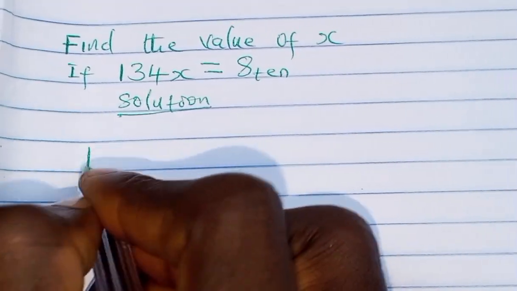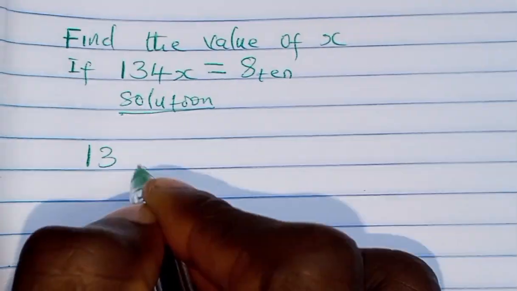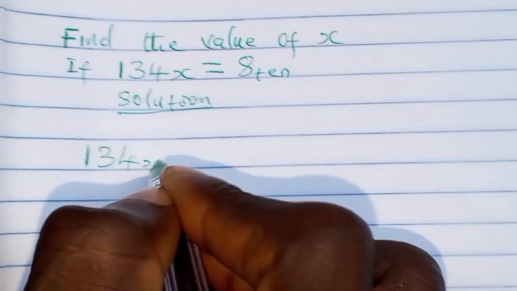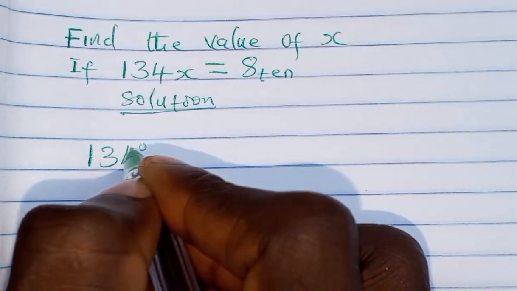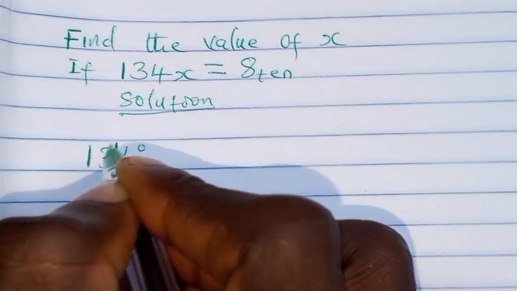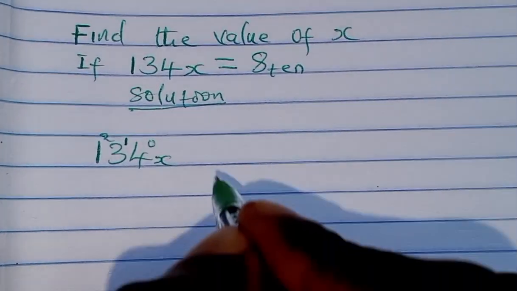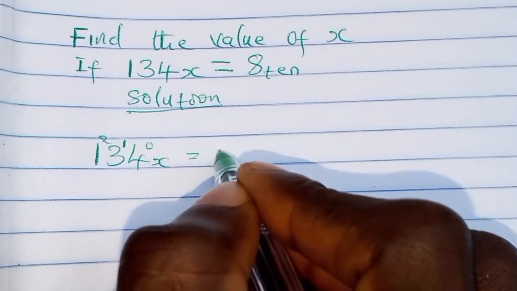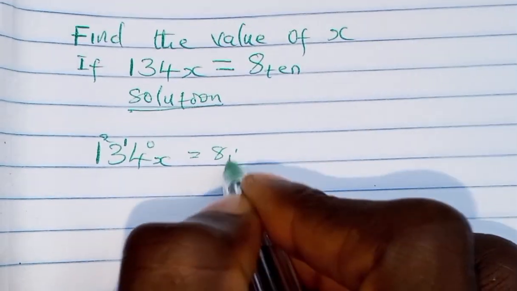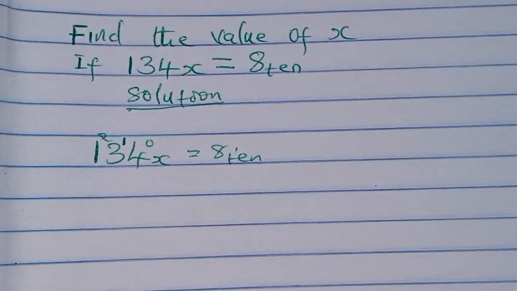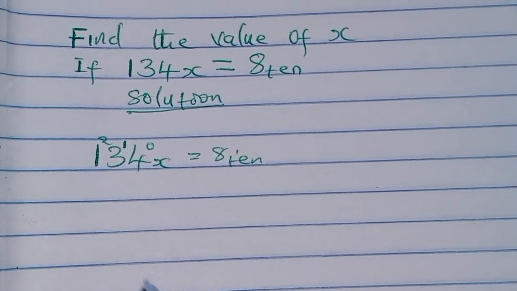on the left hand side, we have 1, 3, 4 in base x. This is also the same thing as 0, 1, 2, 4. Easy simplification is equals to 8 in base 10. Let's consider the left hand side only now.